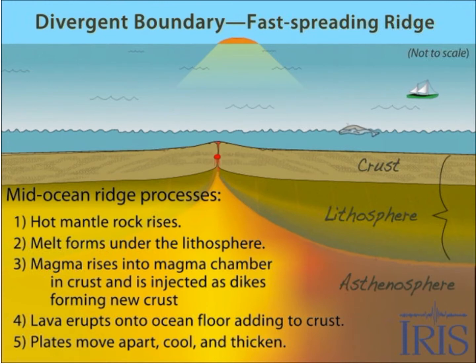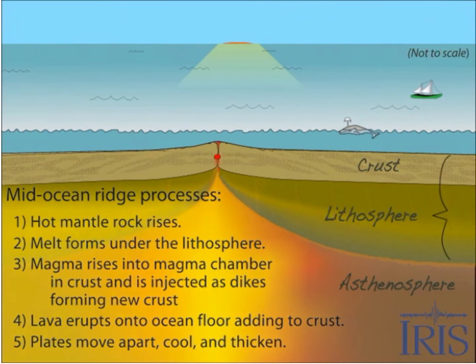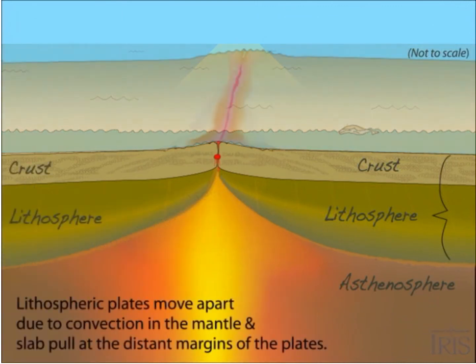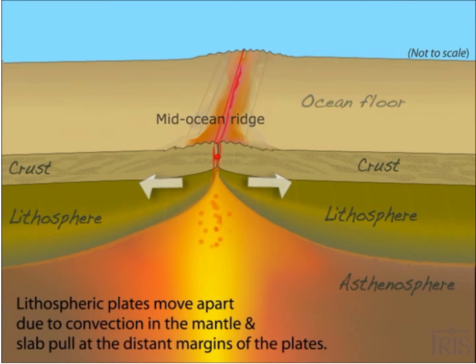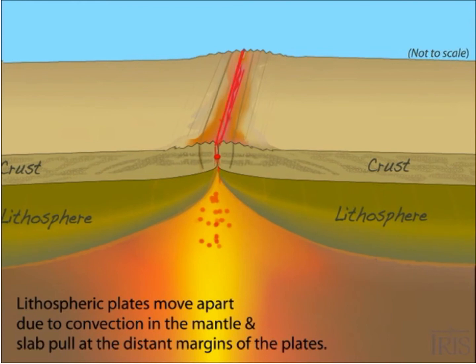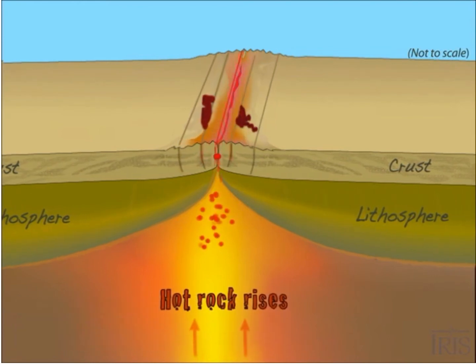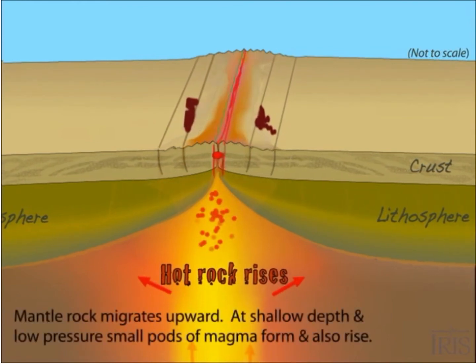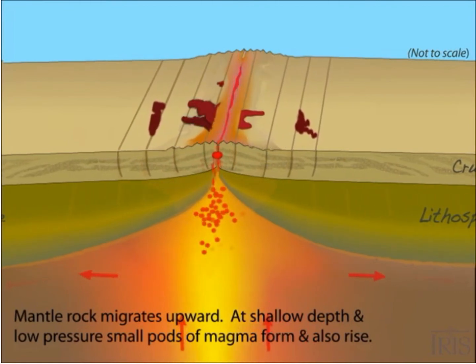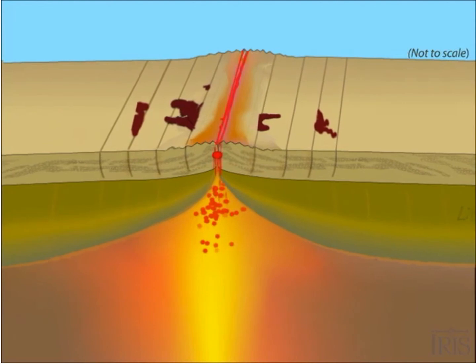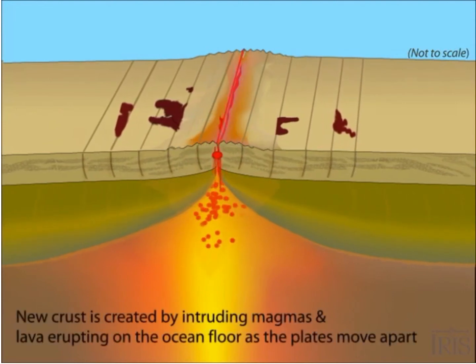At divergent margins, lithospheric plates move in opposite directions. The plates, which include crust and part of the upper mantle, ride over the asthenosphere. As hot mantle rock rises to shallow depths, it begins to melt due to lowered pressure. This forms magma. Dense plutonic rock is created as the magma is injected into the crust.